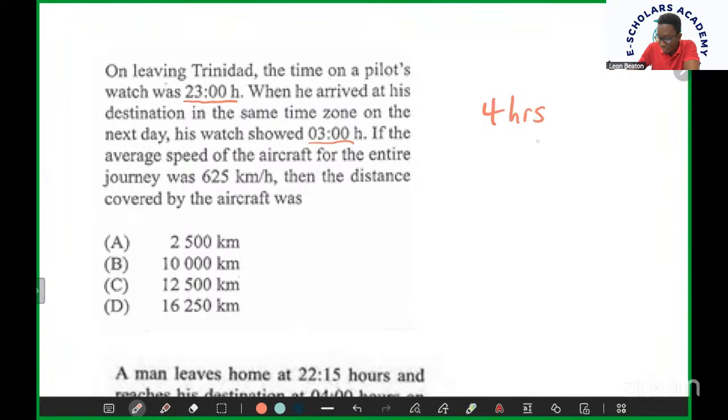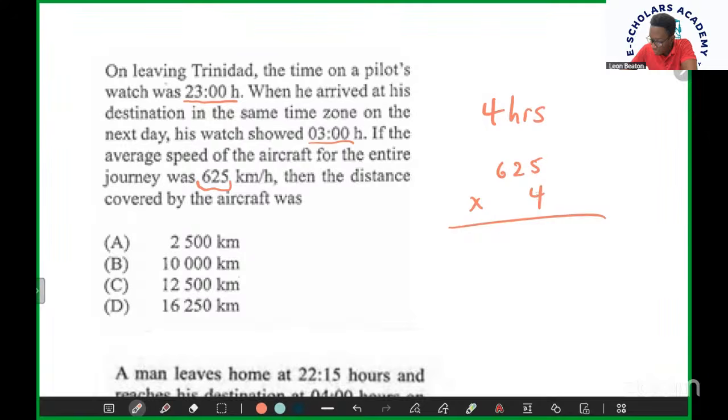So if he took 4 hours and he was traveling 625 km every hour, this would be 625 times 4. I can see the answer. Anyways, let's work it out.